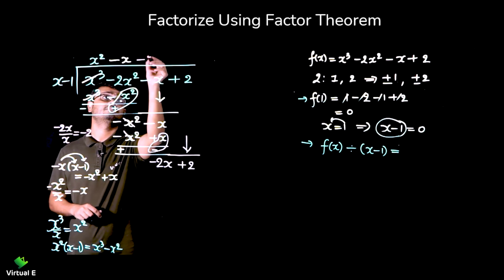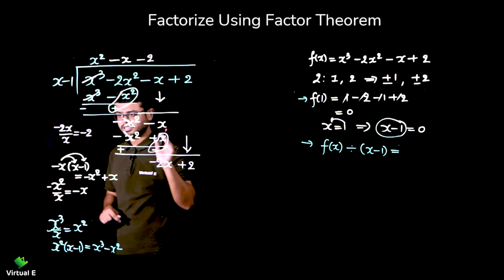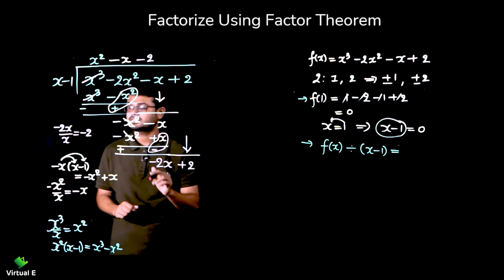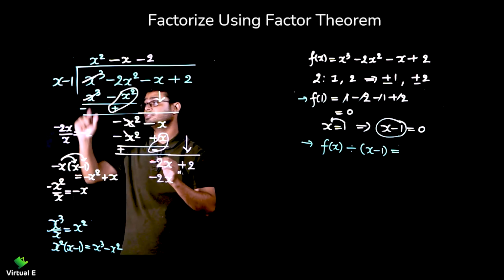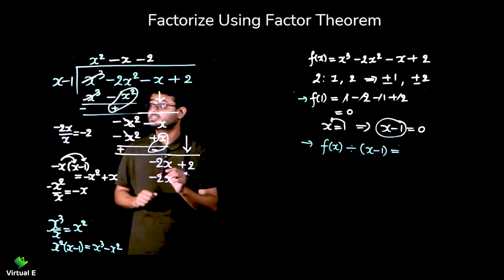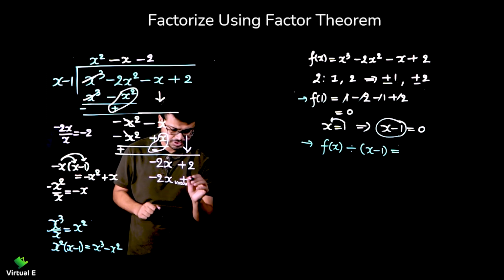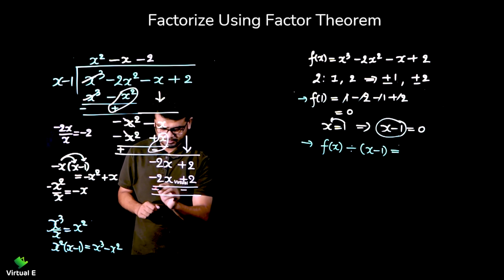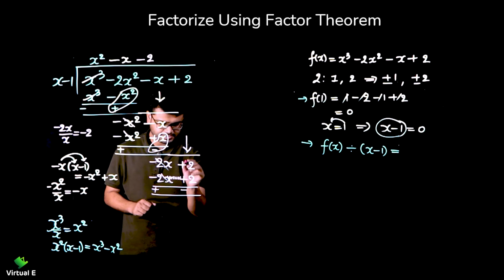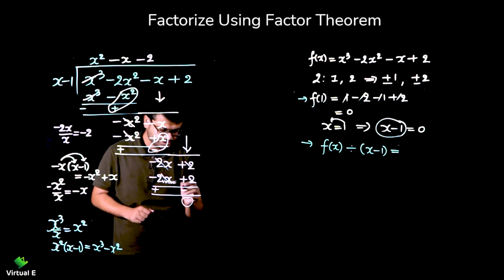So let's write minus 2 over here. Simple. Now minus 2 multiplied by x will give you minus 2x, and minus 2 multiplied by minus 1 will give you plus 2. Change the sign, here minus, here plus. So cancel, cancel, cancel. So 0.